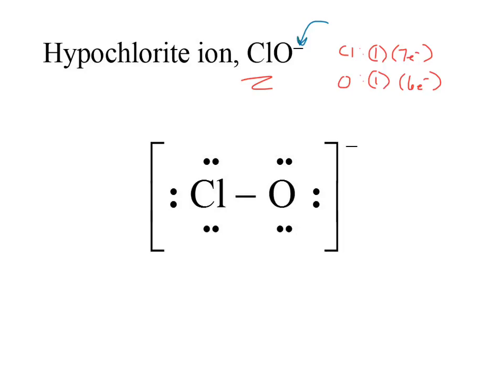So for the charge, it's got 1 extra electron. Now, if it was -2, it would have 2 extra electrons. So it's looking like 7 plus 6 plus 1. I got 14.